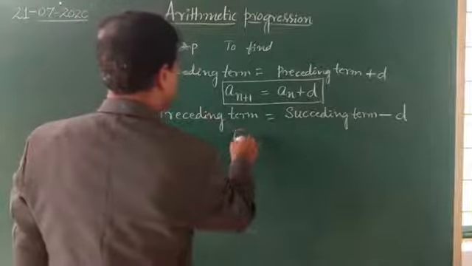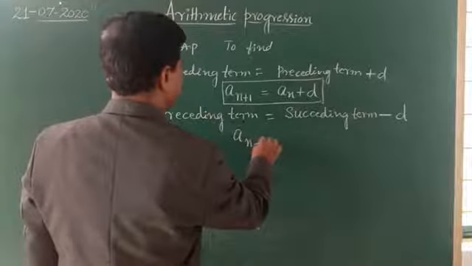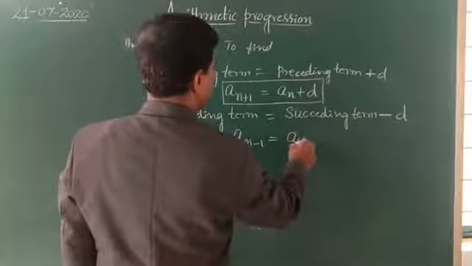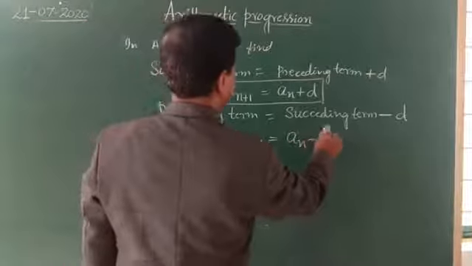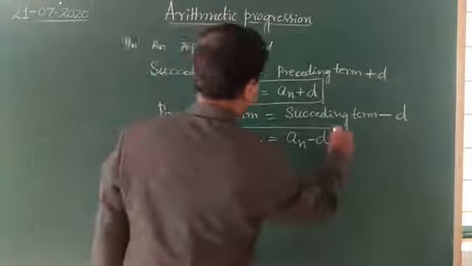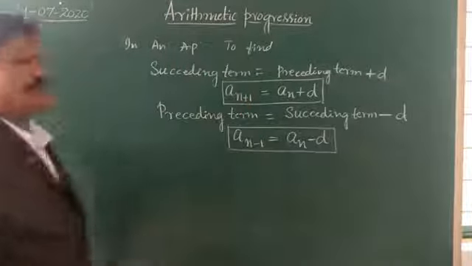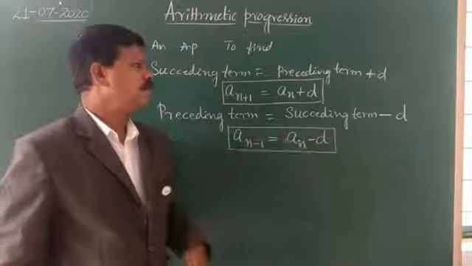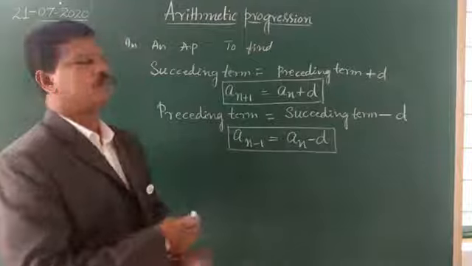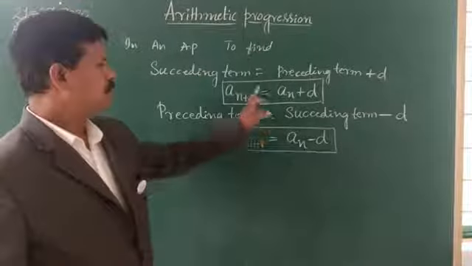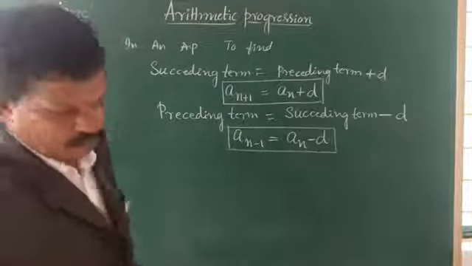That is a n minus 1 is its preceding, so this is a n minus d. So to find the preceding term, you should subtract common difference. To find the succeeding term, you should add common difference to the given term. Clear? So these are the very, very important formulas.